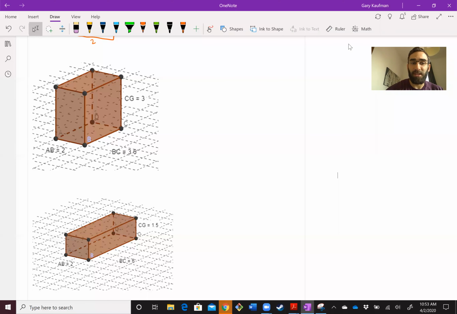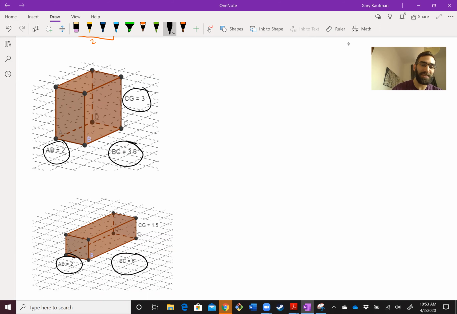So here are 2 examples. The first one, you can see that I made it as a 2 by 3.6 base and a height of 3. My second one, it was a 2 by 6 base and a height of 1.5. It even takes me a little while to sort of figure this out. So now the volume of this, again, the area of the base times the height. So the base area is 7.2.